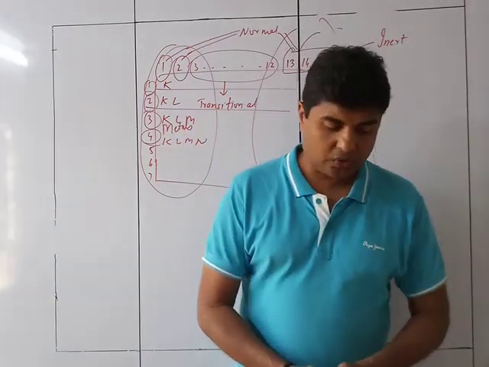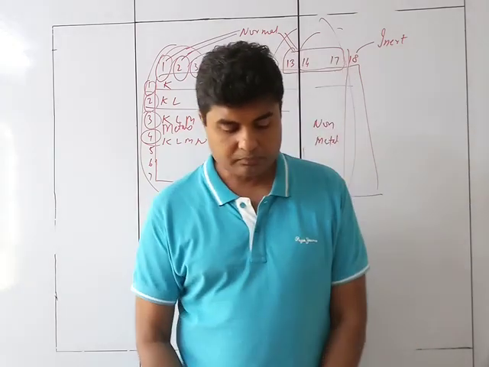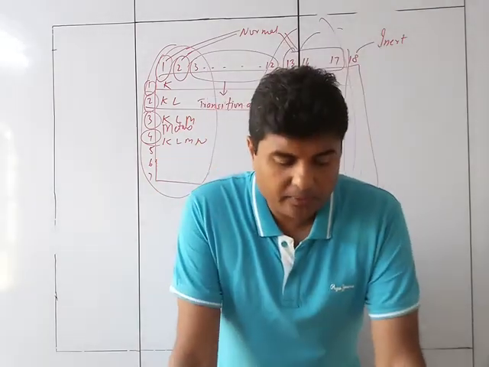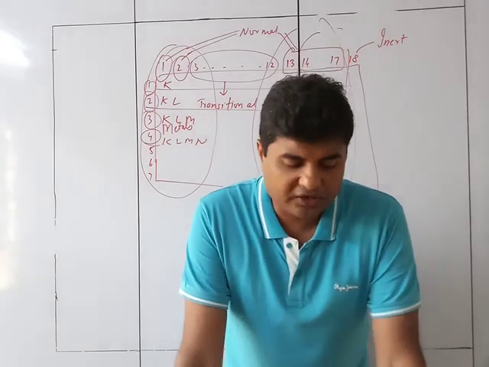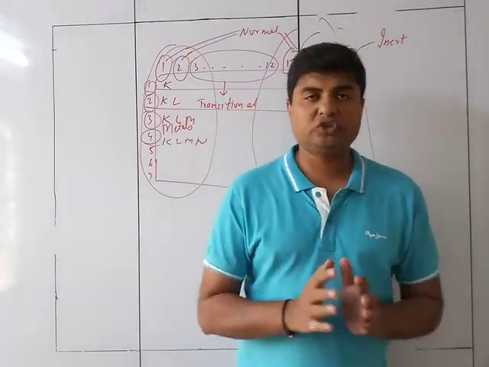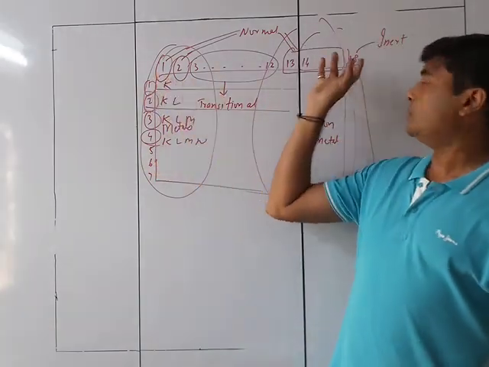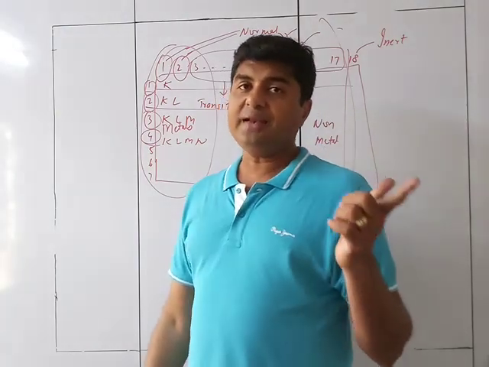Now let's go a bit in detail about the modern periodic table. So you can see, talking about the period, the first period is a very short period. Why short? Because it has got only 2 elements, one over here and one over here, that is hydrogen and helium.